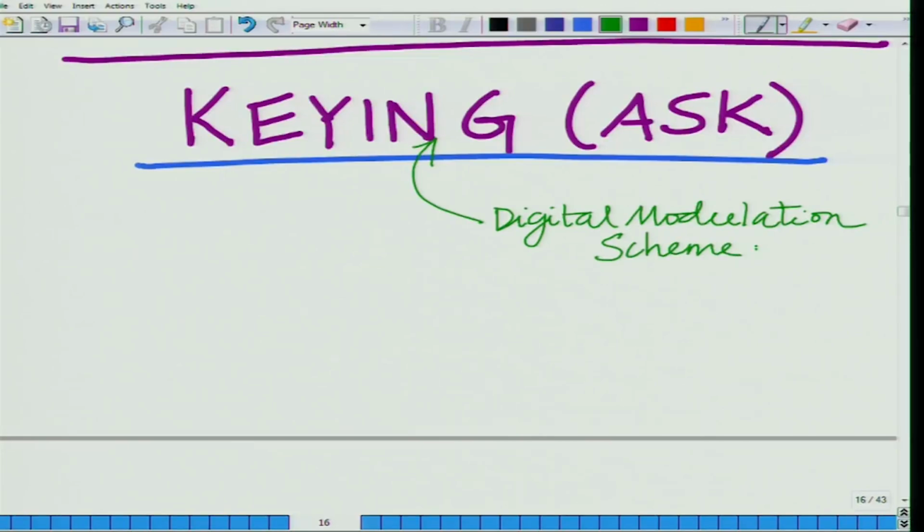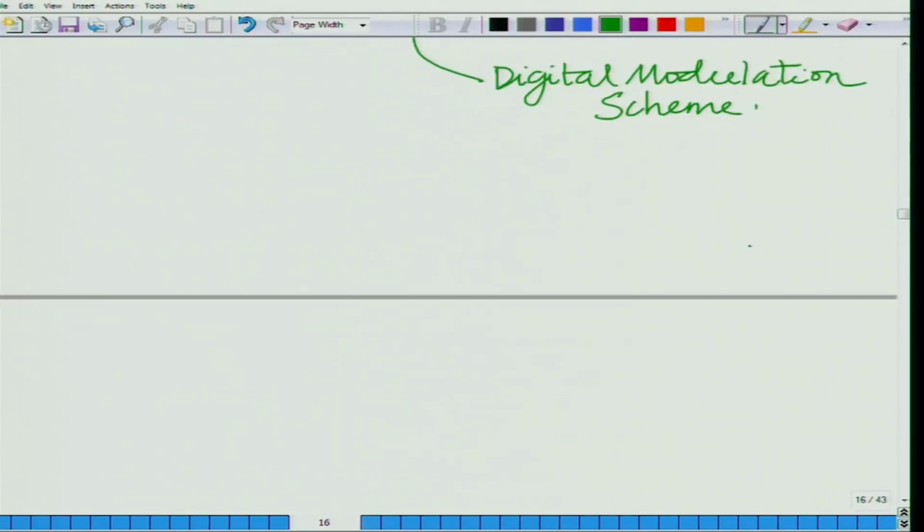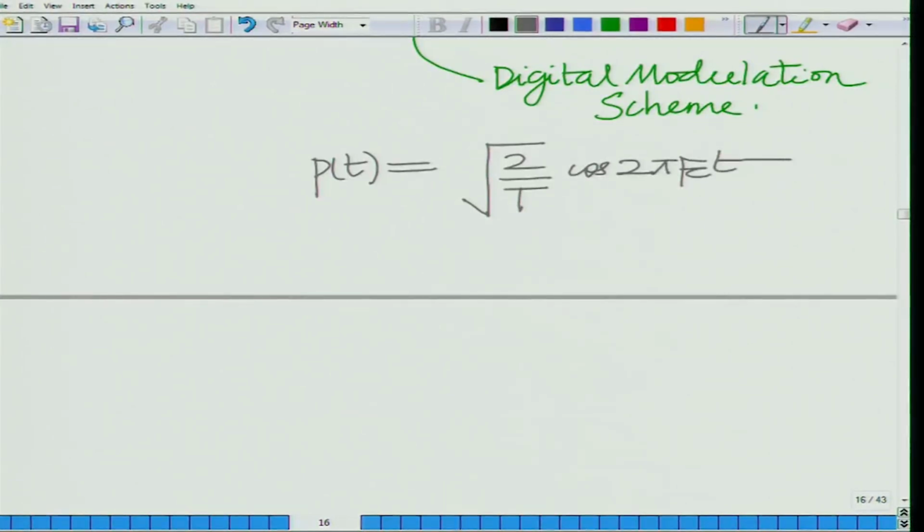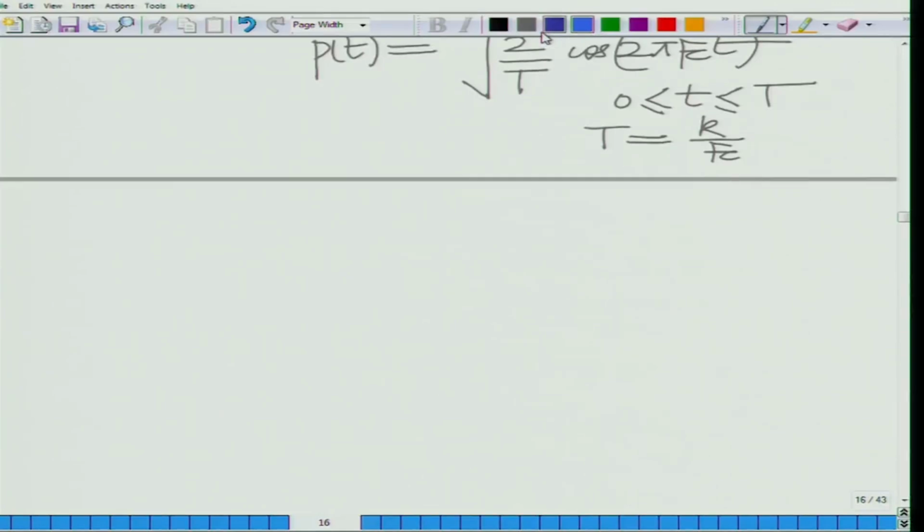In this scheme we employ the pulse shape p(t) equals square root of 2 by T cosine 2 pi fc t, for 0 less than or equal to t less than or equal to T, where capital T is the symbol duration and T equals k over fc.